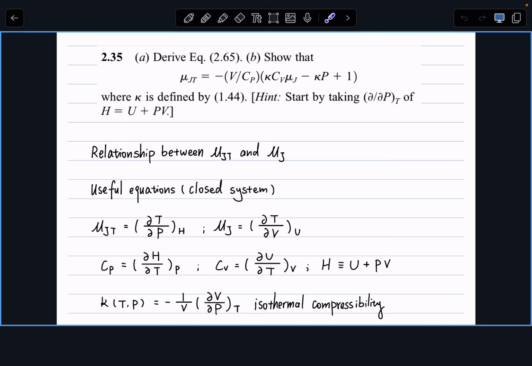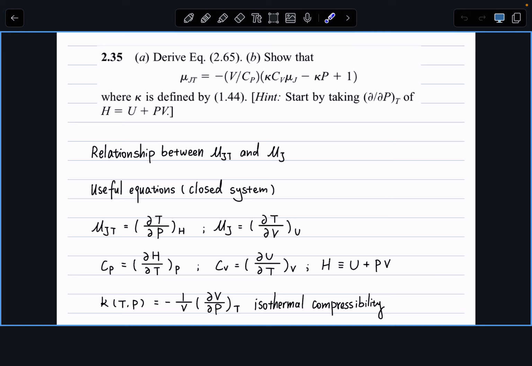So starting from the first one. When we're looking at this kind of derivation problem, where you're trying to demonstrate that a partial differential equals a sum of the coefficients that we defined, we always start by writing out what these coefficients are based on their definition.